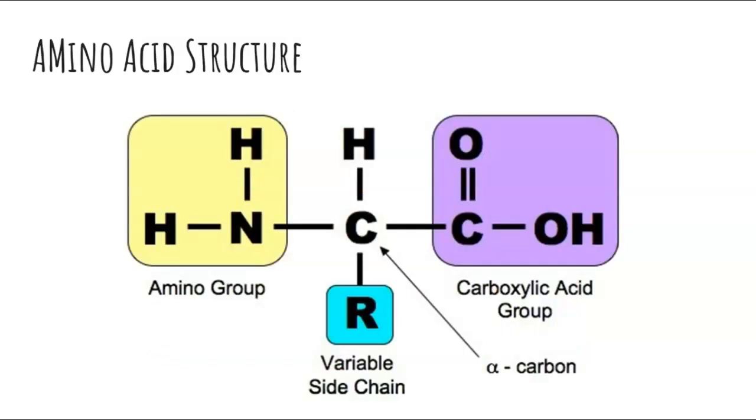Same with the basic amino acid structure. There are 20 amino acids. I am not making you memorize all 20, that is a little excessive even for me, but you should know the very basic amino acid structure, which is what you see on the screen. So again, pause, draw, learn, love it. This will come in handy, I promise you.